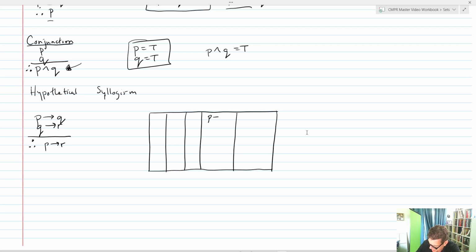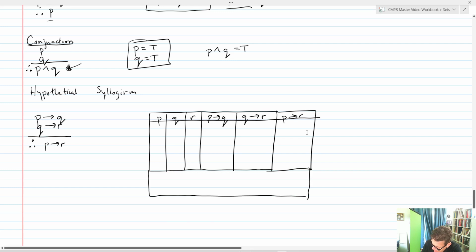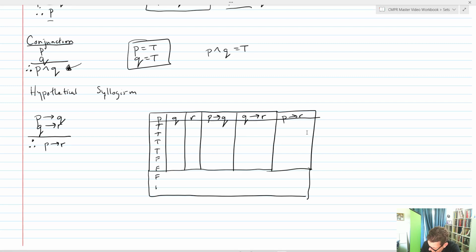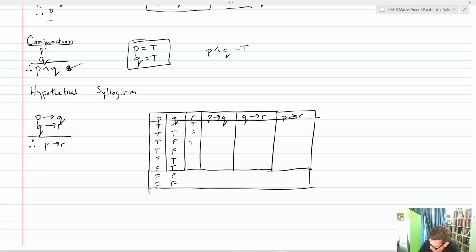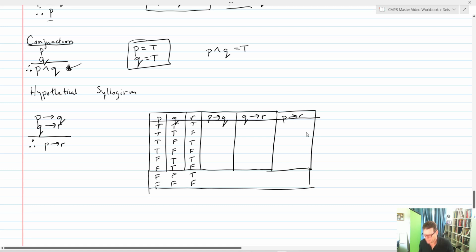I'll have P implies Q. I'll have Q implies R. And then I'll have a third column here, which is P implies R. And then here's my P, here's my Q, here's my R. I need a couple more rows here. All right, so that covers everything that we need for P, Q, and R.